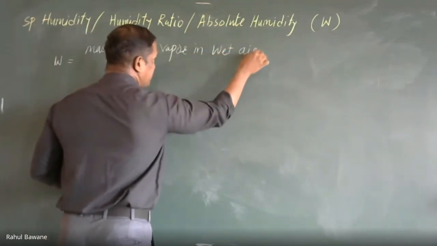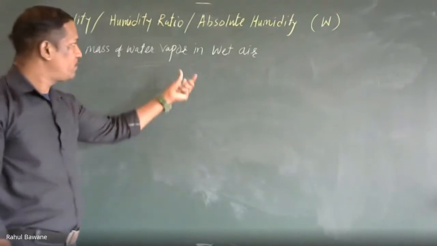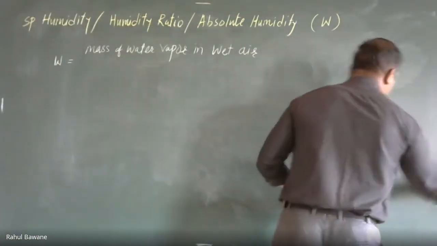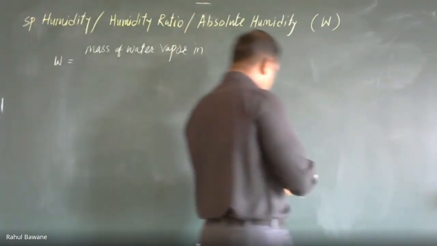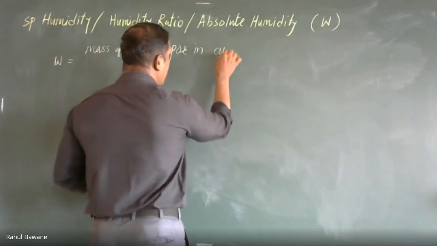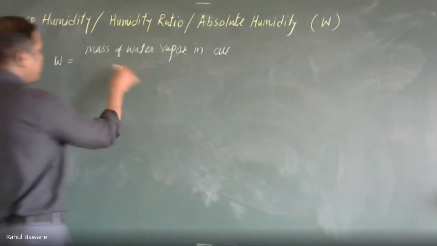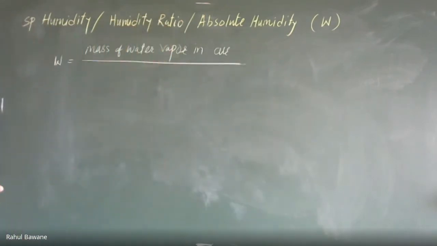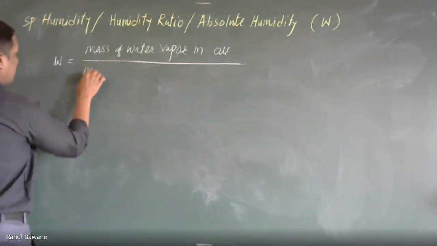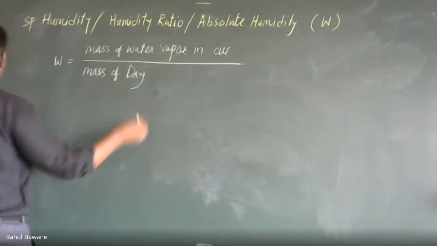I specifically mention wet air because air is a mixture, or we can say simply air, it is a mixture of water vapor and dry air. So the mass of water vapor in air to the mass of dry air.